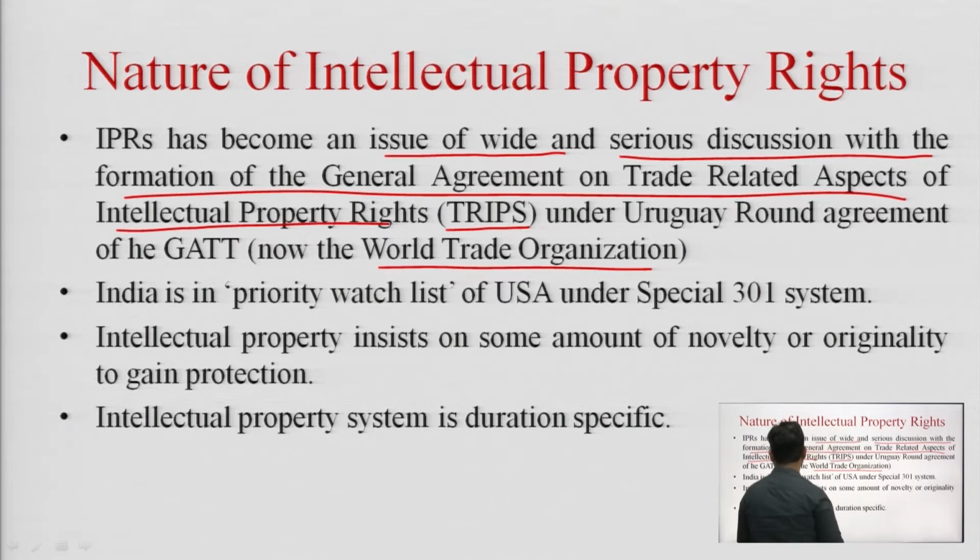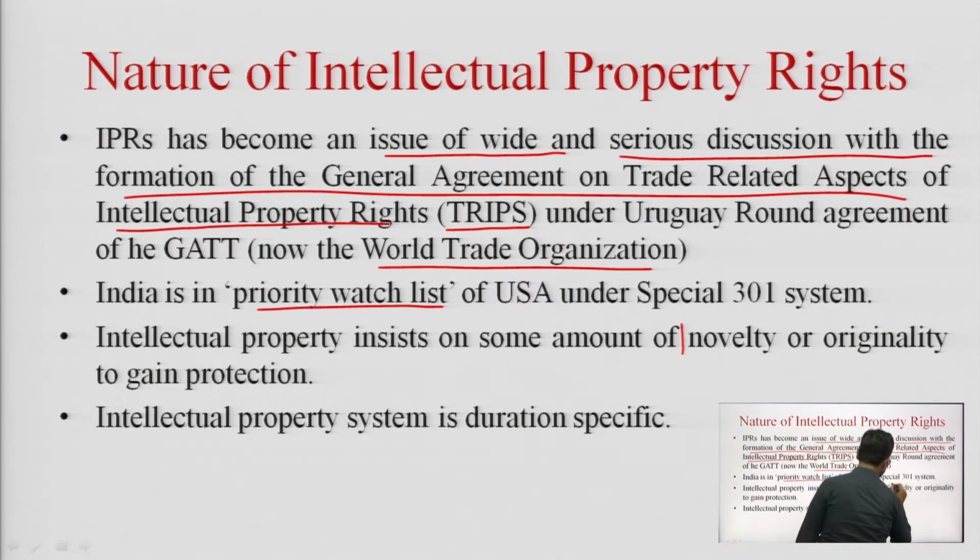Okay. India is in priority watch list of USA under Special 301 system. Intellectual property insists on some amount of novelty or originality to gain protection. So, intellectual property should have some novelty. Novelty means newness.